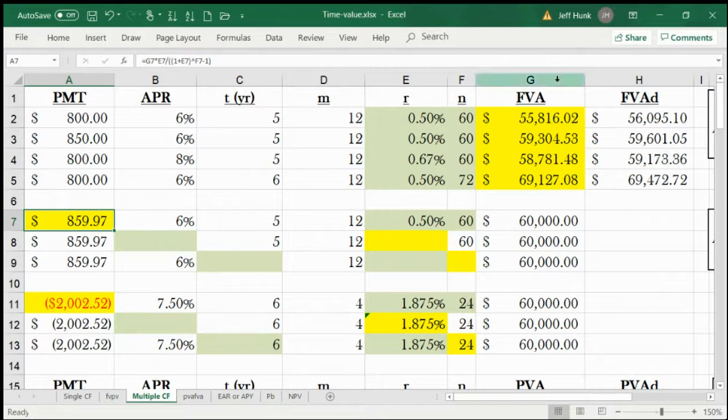So we solved for future value first, and then solved for payment, right? And then the next question is what? Then R. How do we solve for R? The next question is N. How do we solve for N? Makes sense?